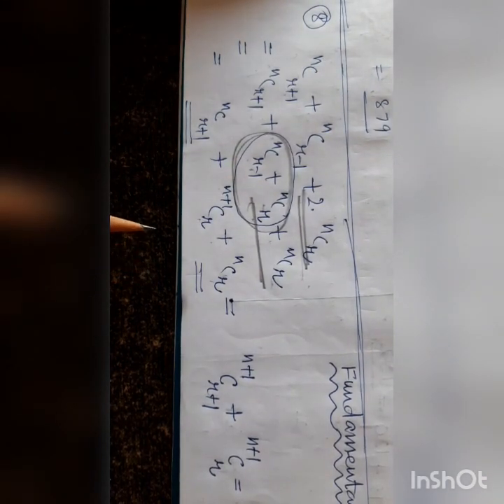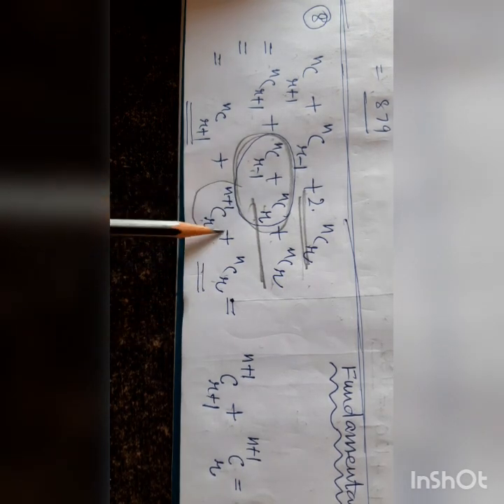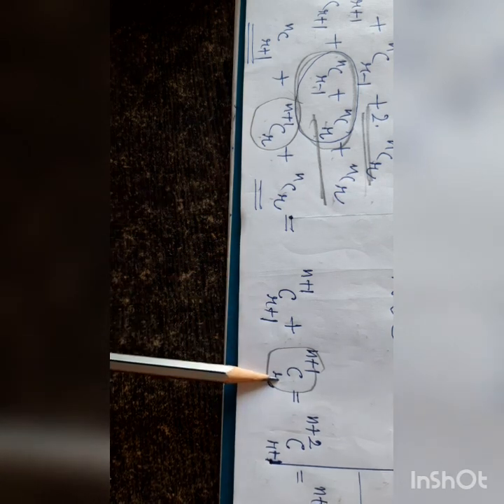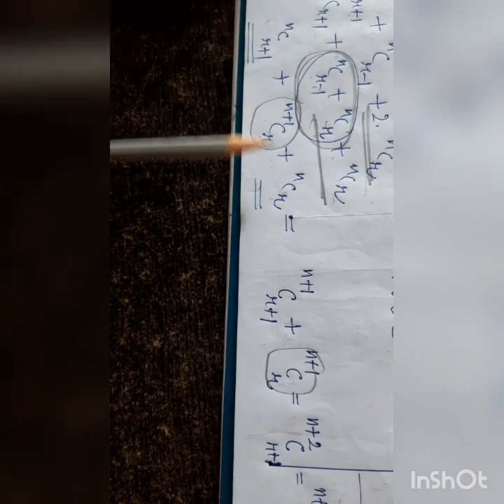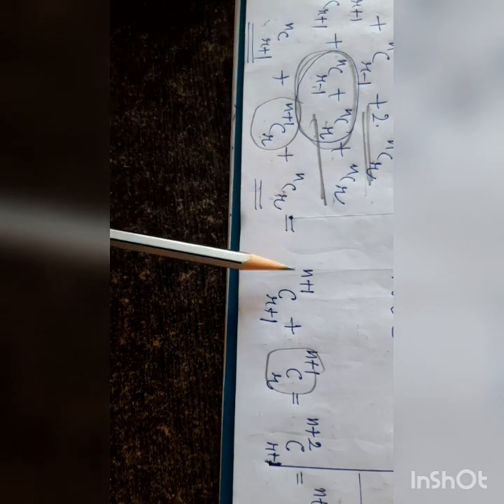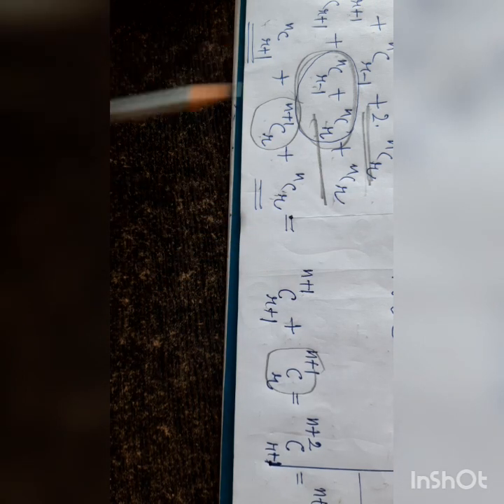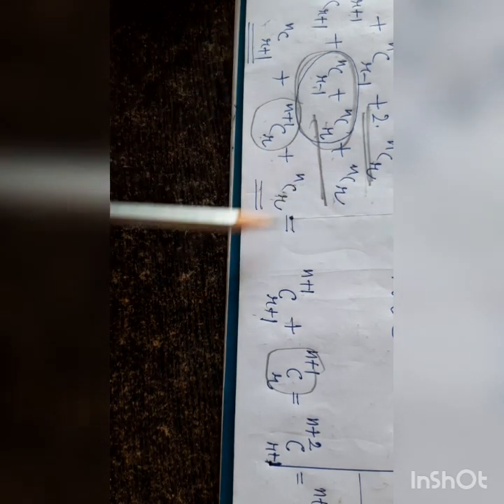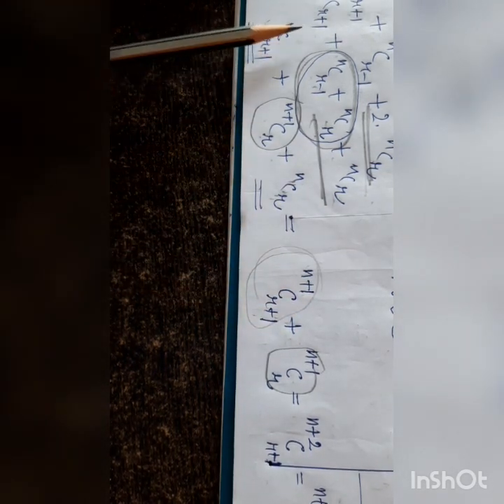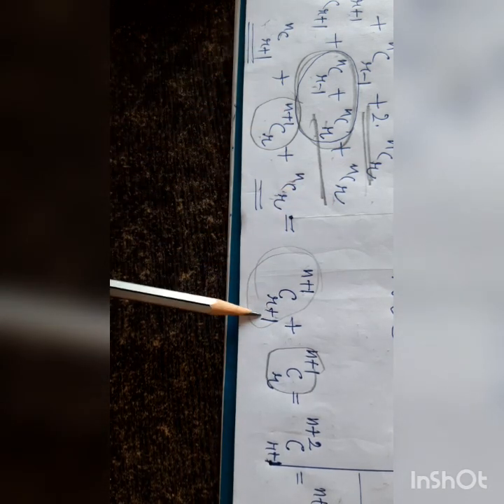Now n+1 Cr, you keep like this. And this and this you take. What are you getting? n+1 Cr+1. For this and this, you can write this one according to the formula: n+1 Cr+1.